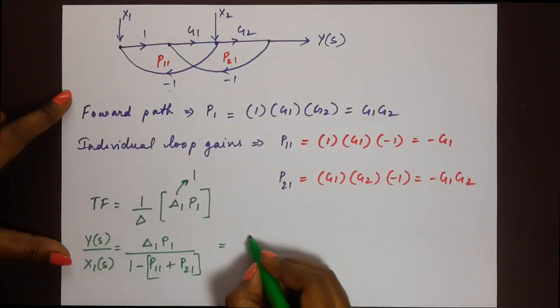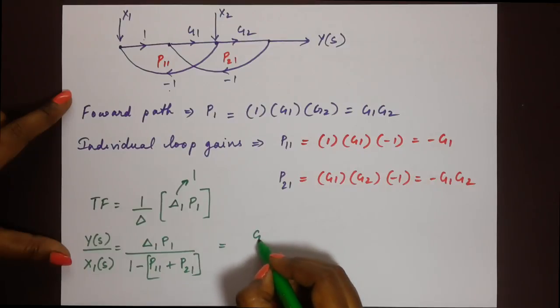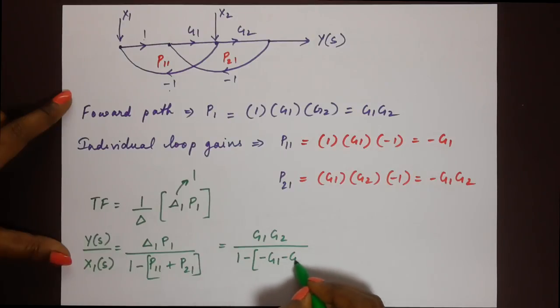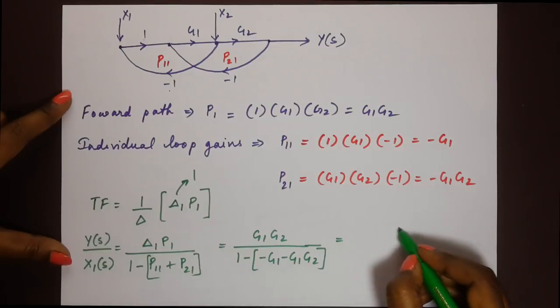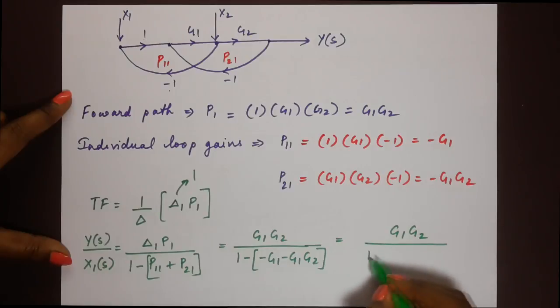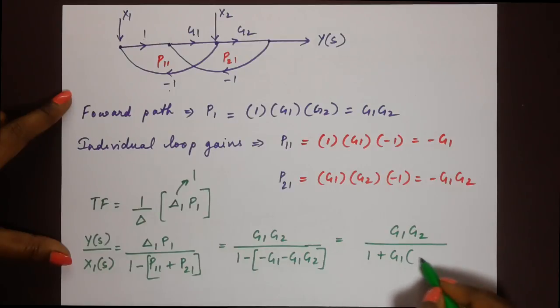Let's substitute all of them. We will obtain G1 G2 divided by 1 minus G1 minus G1 G2. We can solve that further and write it as G1 G2 divided by 1 plus G1 into 1 plus G2.